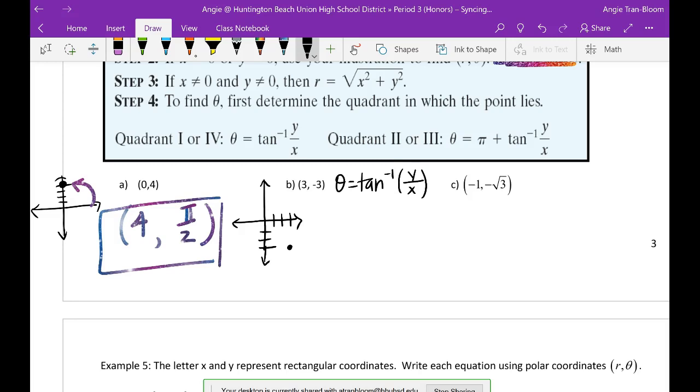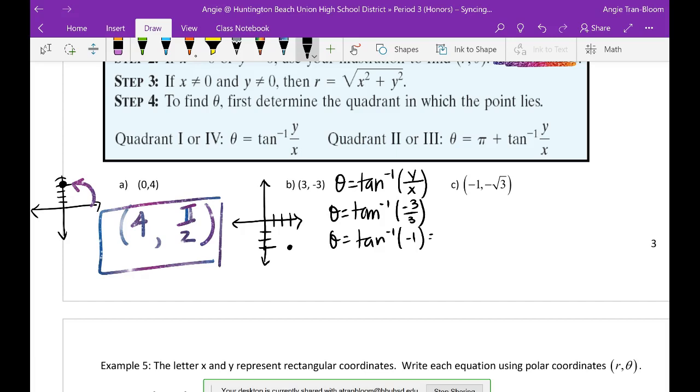Do I have to add a pi? Nope, I'm in quad 4. So what is y and what's x in here? Harold, what's y and what's x? Y is negative 3 and x is 3. Beautiful. Can I simplify that, class? That's really tangent inverse of a negative 1, which we all should know. What's the answer?